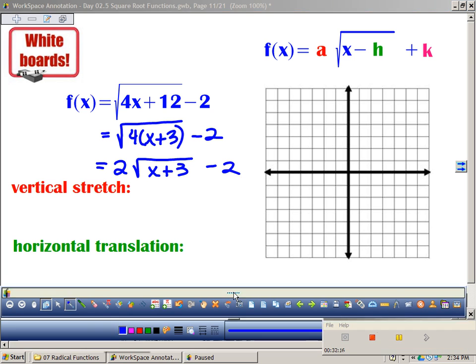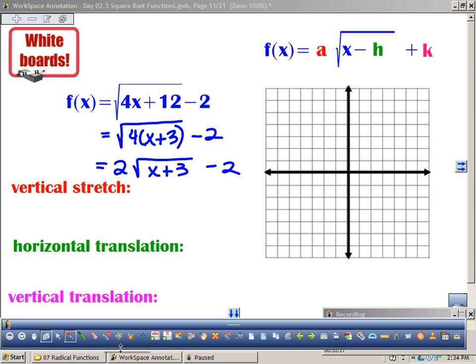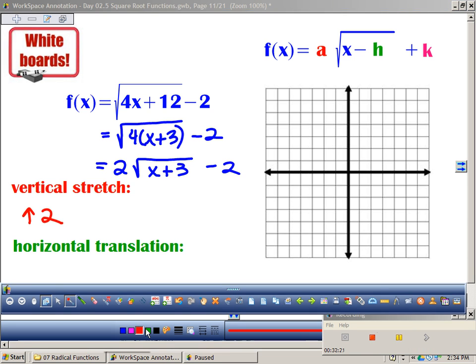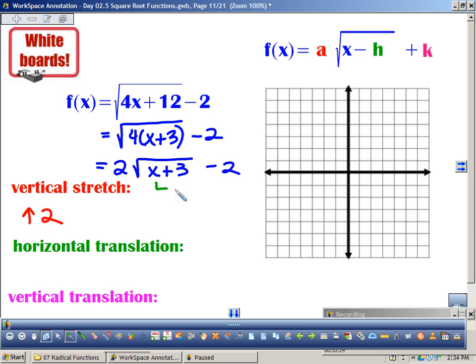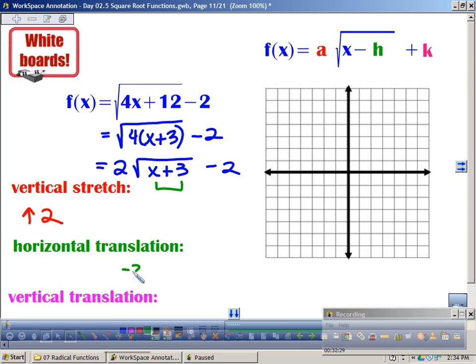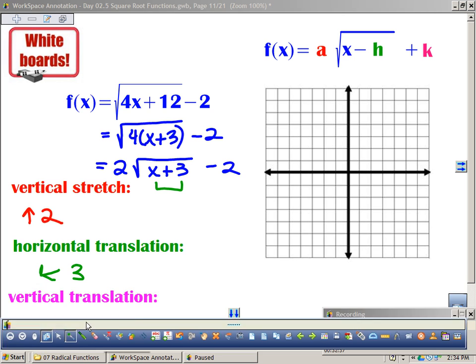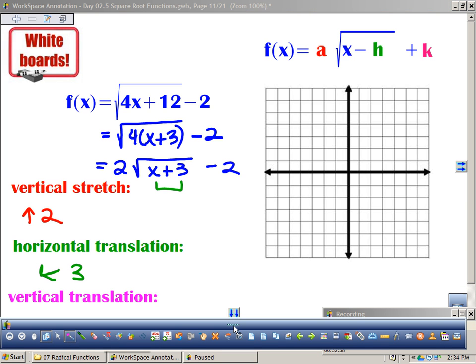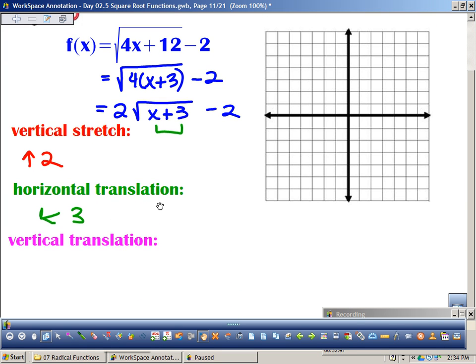So my vertical stretch, I'm stretching by 2. I'm going up 2. My horizontal translation is -3, to the left 3. And my vertical translation is what? Down 2.